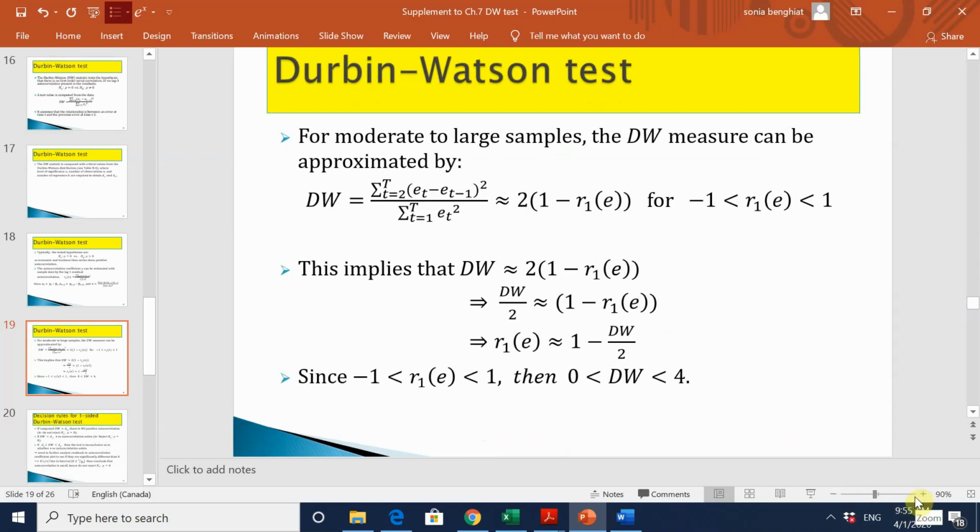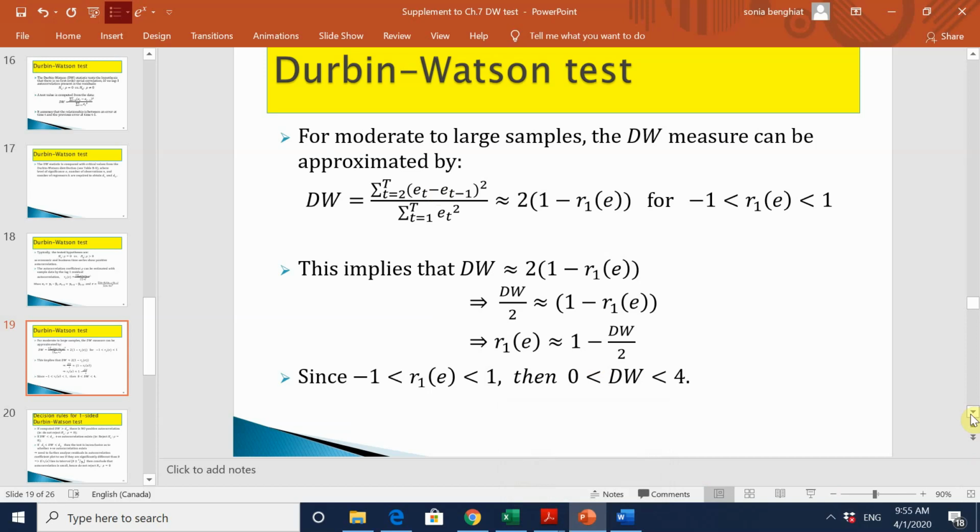For moderate to large sample sizes, where moderate here would be anything that is 40 and above, we can equate the Durbin-Watson statistic as follows. There's just one little mistake, this should actually be a product. Let me just go back.